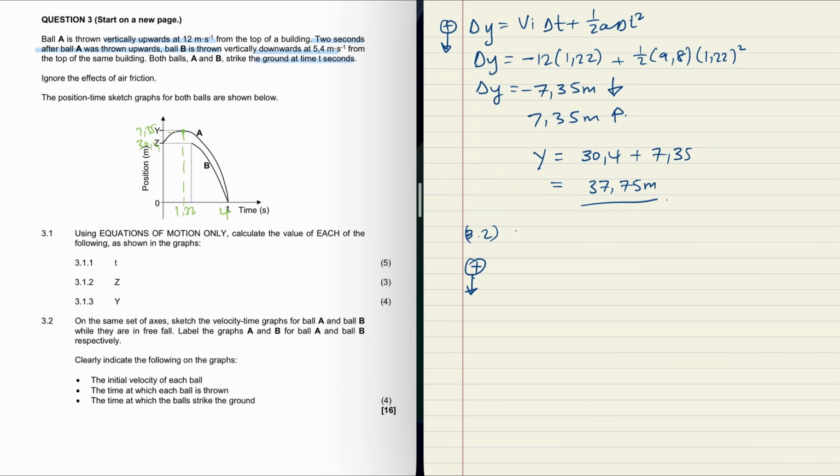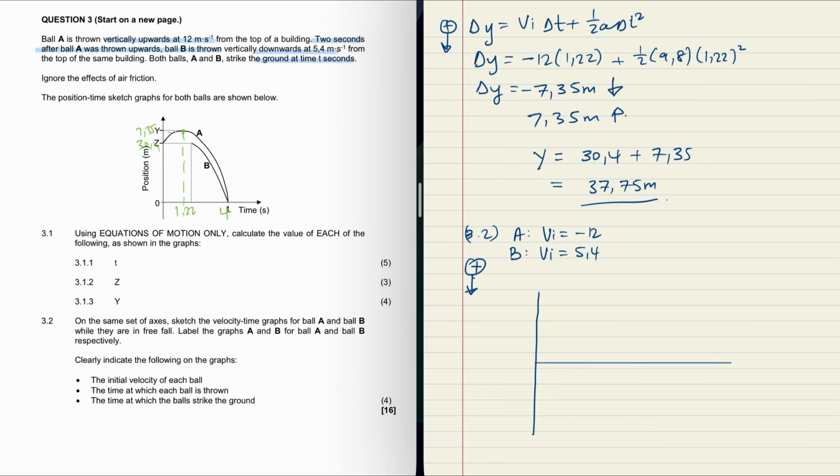So for ball A, it starts at minus 12, because remember, I've chosen down as positive and A was thrown upward. For ball B, it was thrown at a Vi of 5.4 meters per second downward, so that's a positive value. So on my velocity time graph, I'm going to have the following.